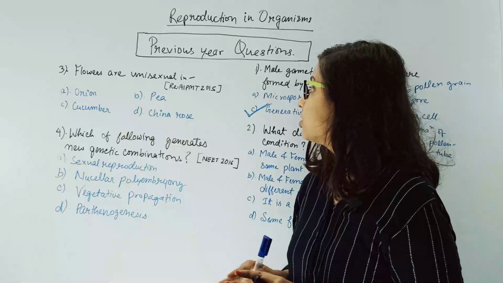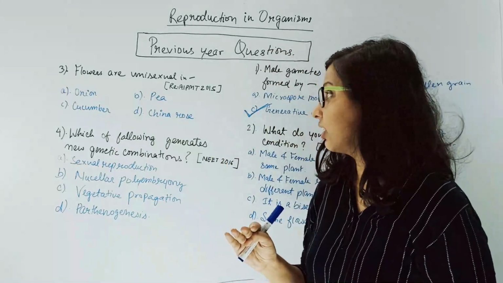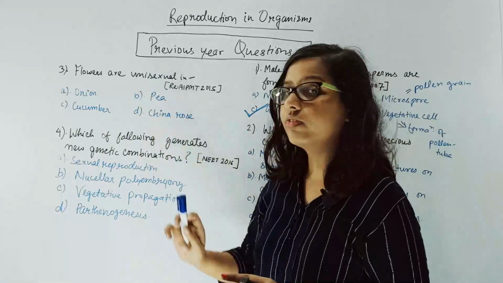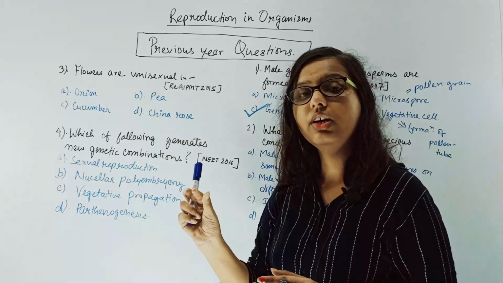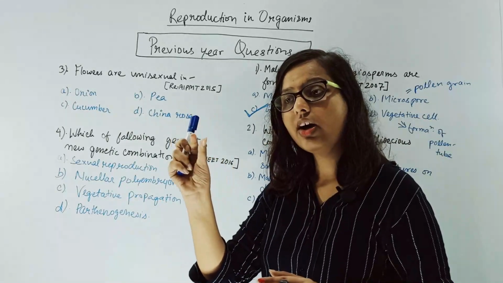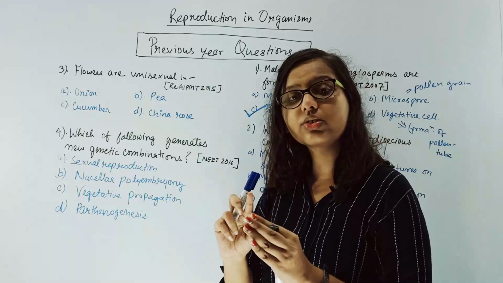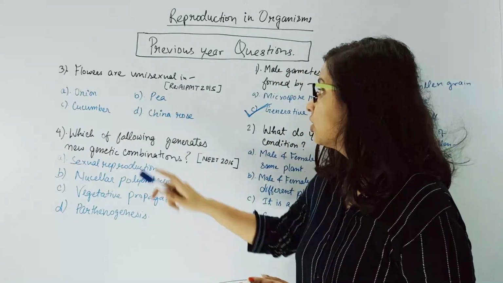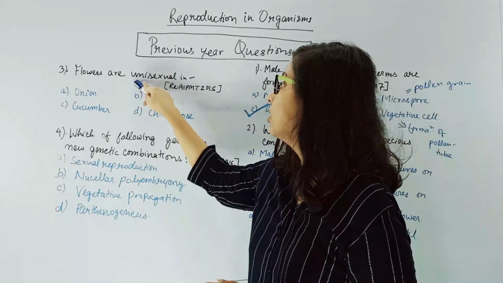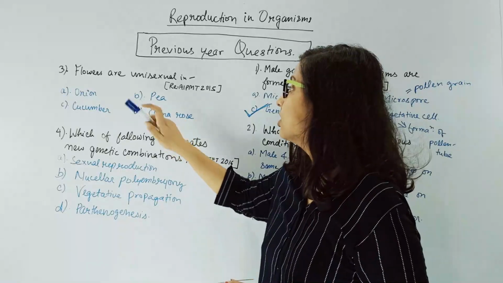There are just 4 whorls in a complete flower. So in case of unisexual, what happens? Either there will be only the androecium, or in that flower there will be only the gynoecium. Either the androecium will be absent or the gynoecium will be absent from the flower. Uni means one. Only one reproductive structure will be present in the flower.